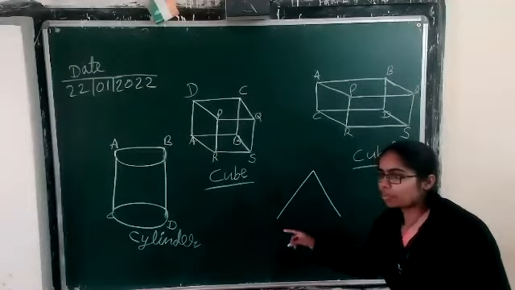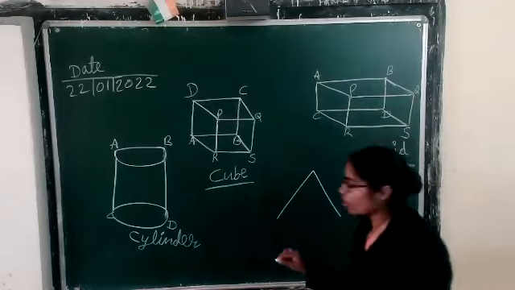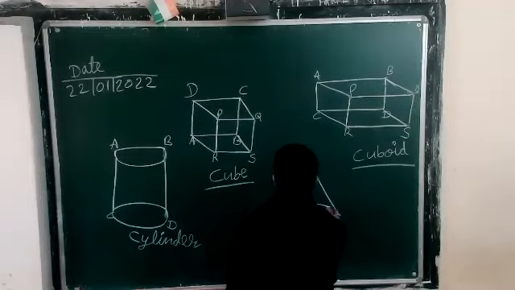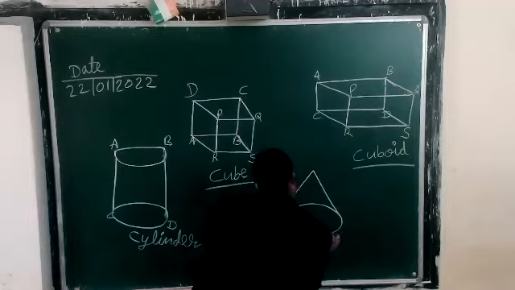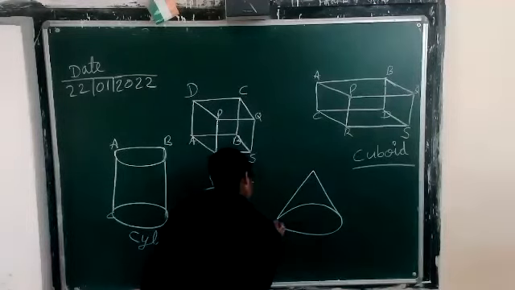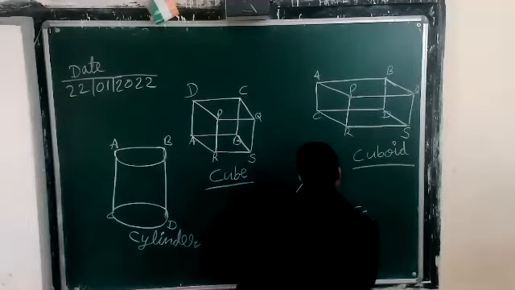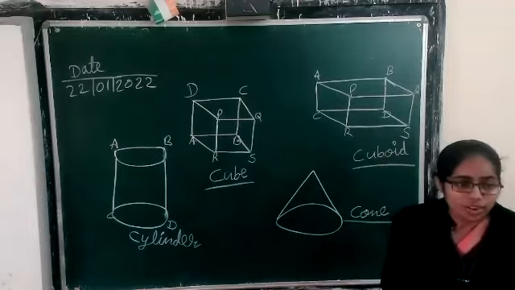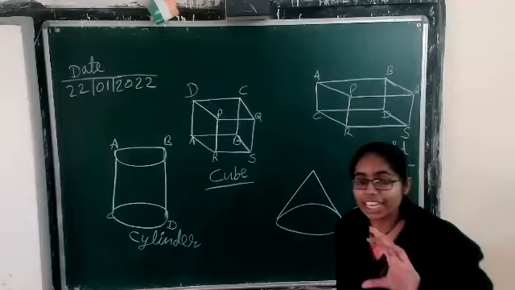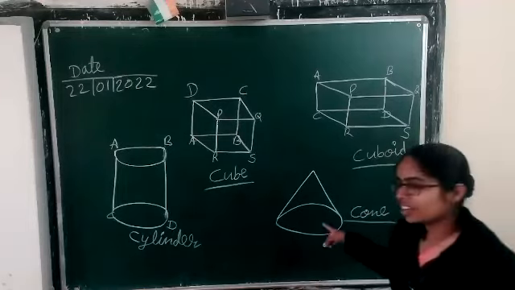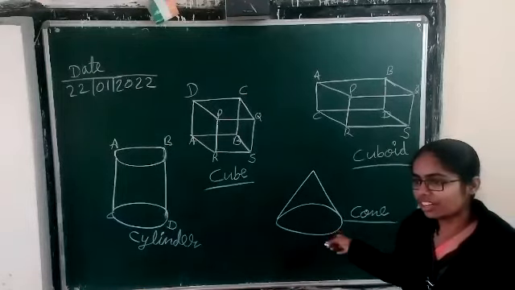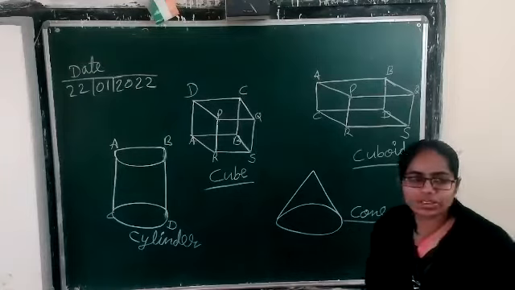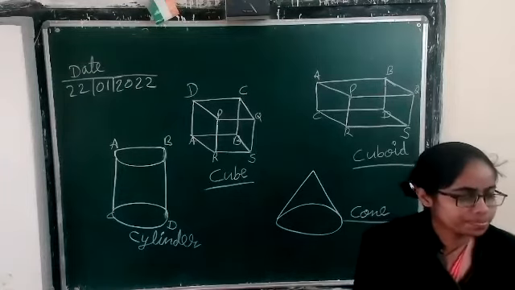And at the bottom, you have to draw again an oval shape like this. And this is what is called a cone. A cone just looks like an inverted ice cream, no?